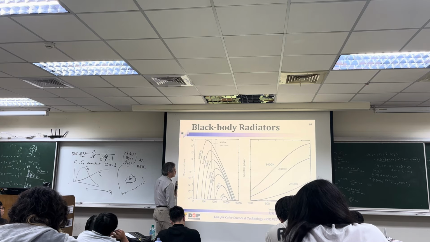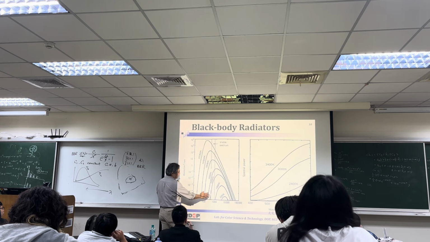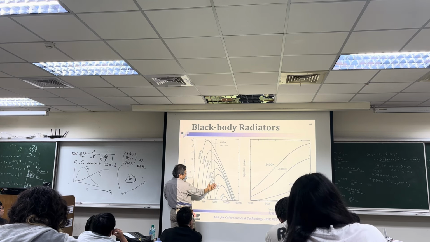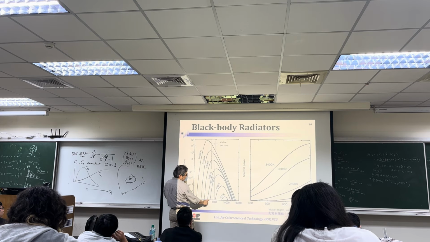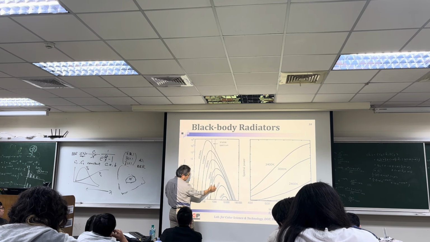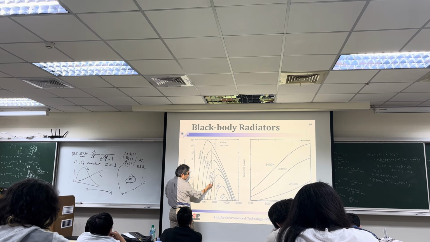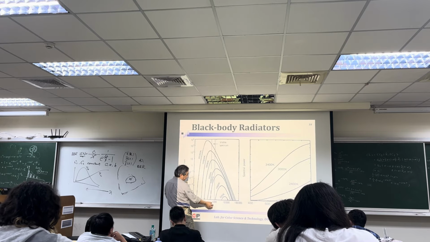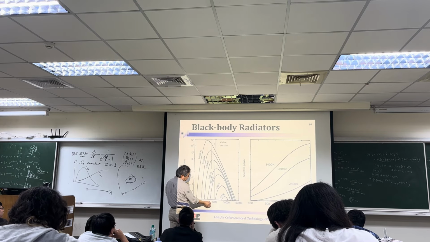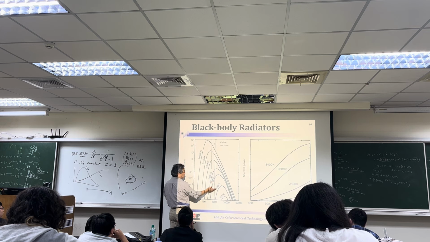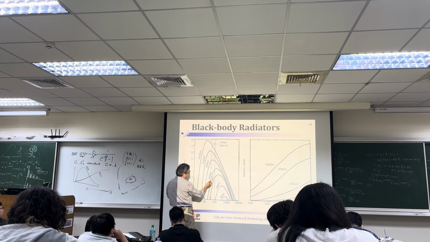Okay, and when the temperature goes higher, 2000, you will see more energy coming into our visible band, but still higher energy in long wavelengths and low energy in short wavelengths. So it looks like red, orange, yellow.